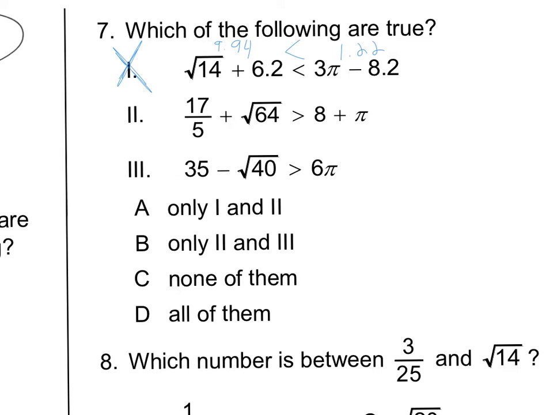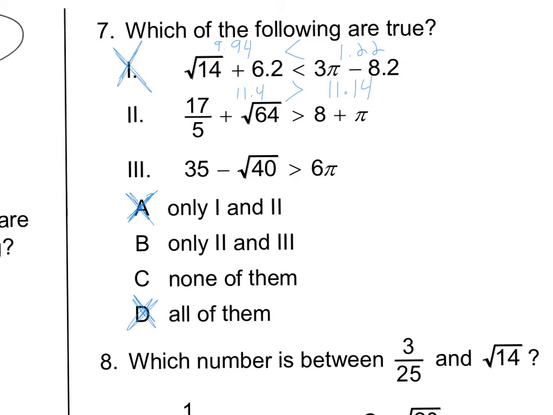So, which of the following are true? It can't be A, because we know that 1 is not true. It can't be D because they're not all true, since we just said 1 is false. Next we have 17 over 5, that's 3.4, plus the square root of 64, which is 8. So that's 11.4, is it greater than 8 plus 3.14, which is 11.14?